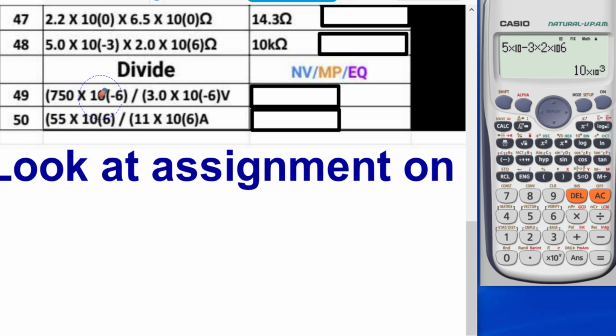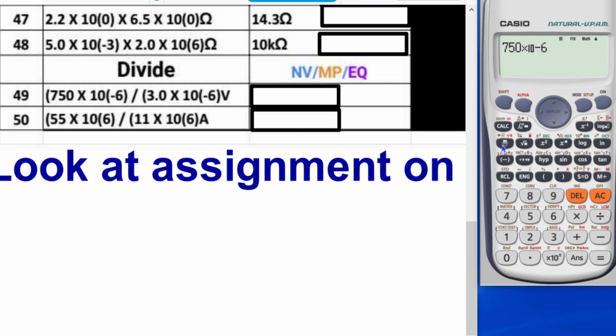We're going to do some dividing. So we got 750 times 10 to the negative 6. So on my calculator, 750, little button bottom row, times 10 to the negative 6th. So that'd be 750 micro. And when it comes to dividing, you can hit the divide symbol right here. But I prefer to hit the over-under button.